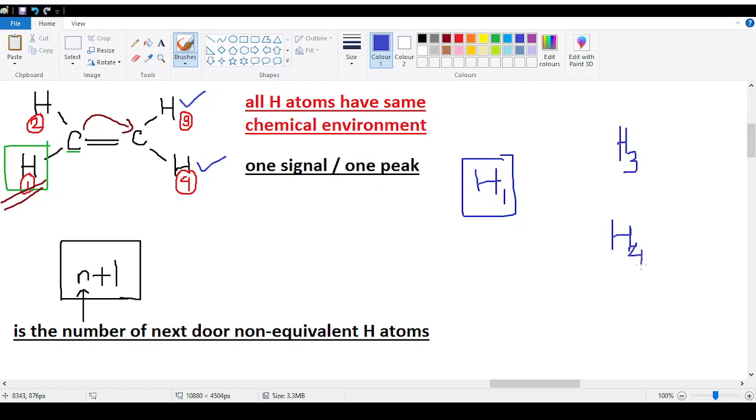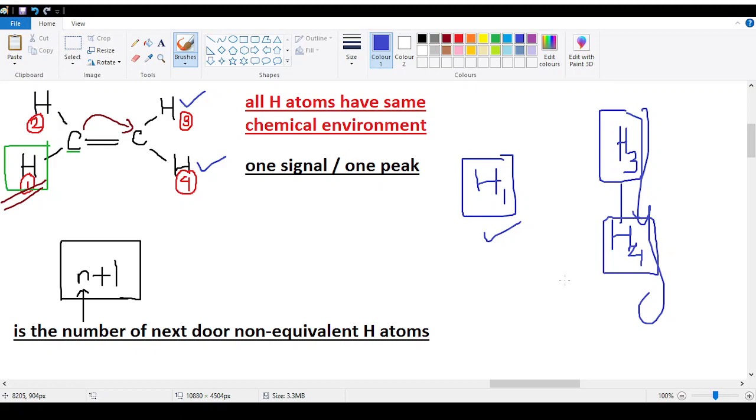Do hydrogen 1 and hydrogen 3 and 4 have the same environment or different environment? They have the same chemical environment. Yes, that is correct.